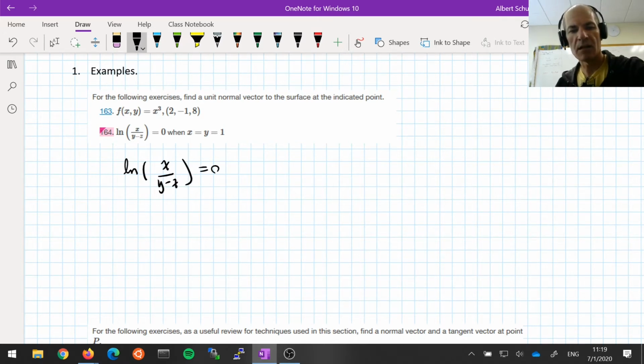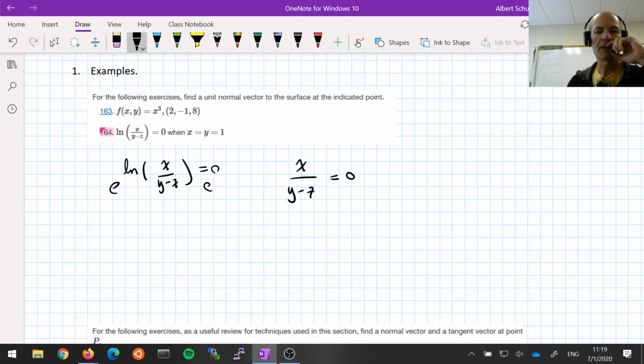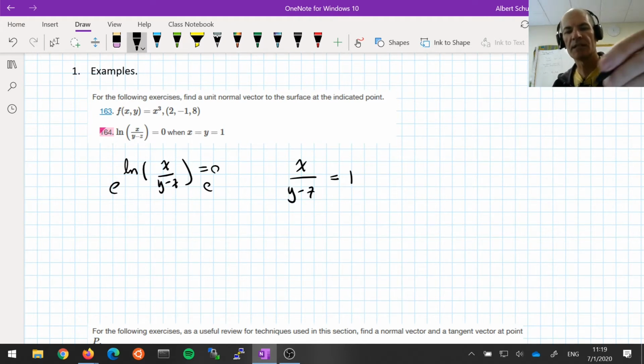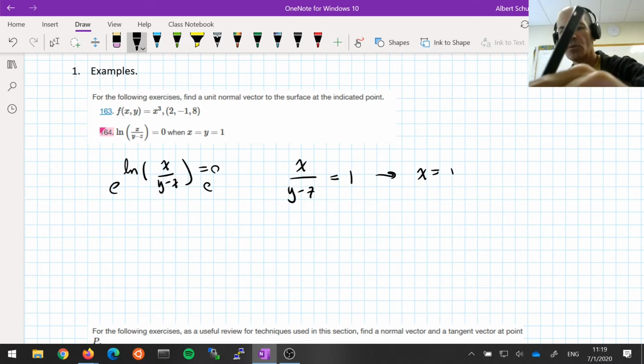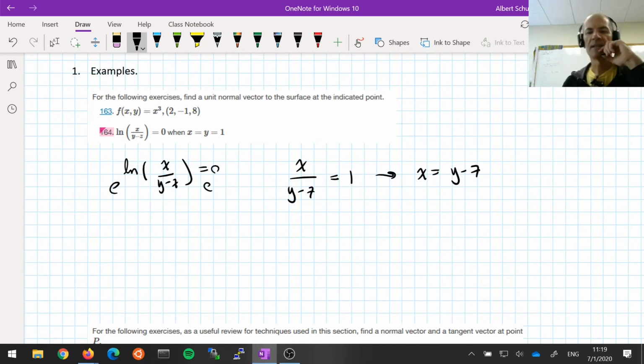If we raise both sides to base e, we get x over y minus z equals, not 0, 1, since e to the 0 is 1. If you multiply both sides by y minus z, you get x equals y minus z.